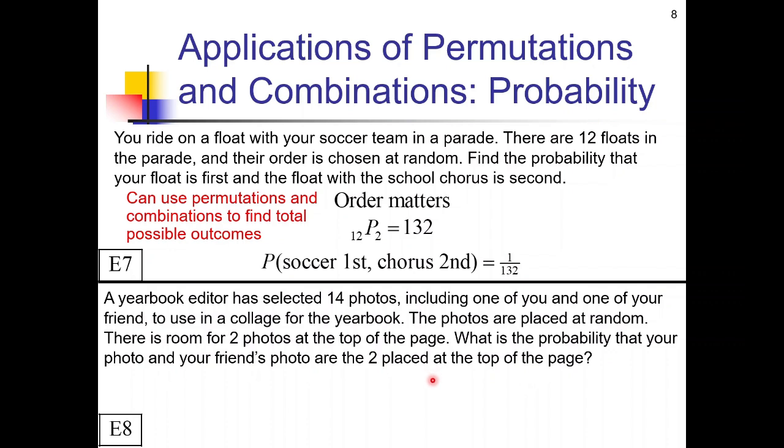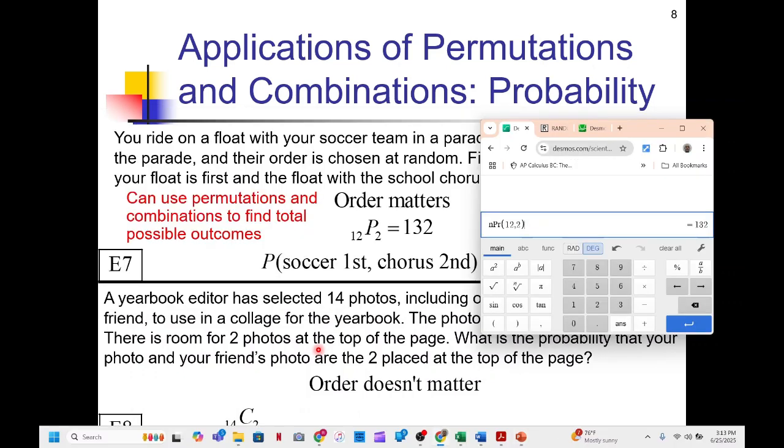Now, in this situation, because we don't care which order your photo and your friend's photo go in, the order does not actually matter in this case. So we can use a combination. We have 14 total photos and we're picking 2 of them. So we need 14 choose 2, which again we will do on our calculator.